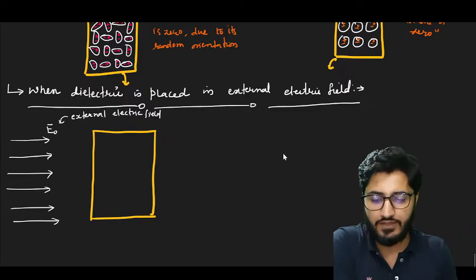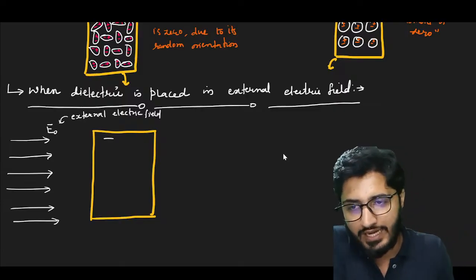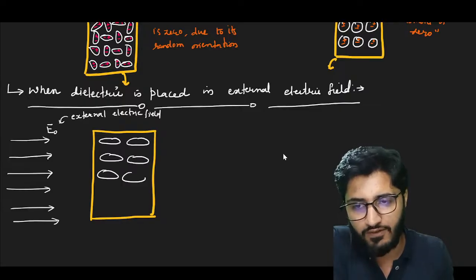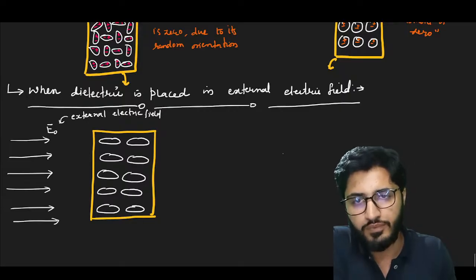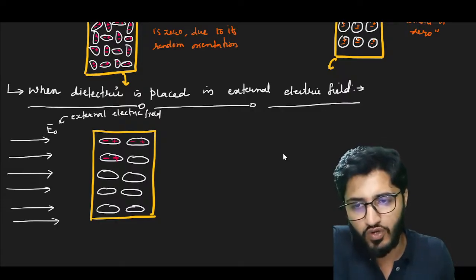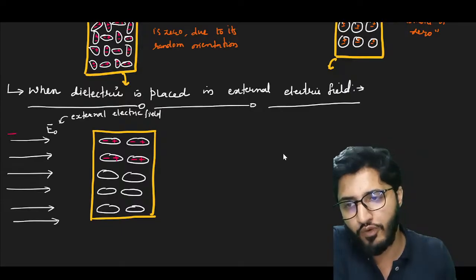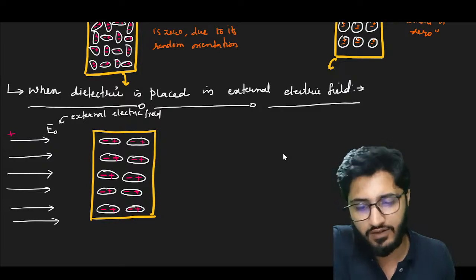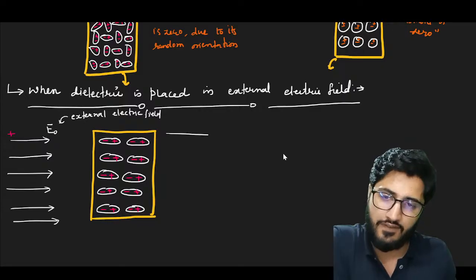Each and every dipole will align, because these dipoles will feel a force or a torque. Look, beta. This one is negative, positive, negative, positive. The electric field comes out from positive, so positive will attract the negative side. That's why negative will be in the opposite direction of my electric field, and positive will go away from the direction of my electric field. And this is my electric field.